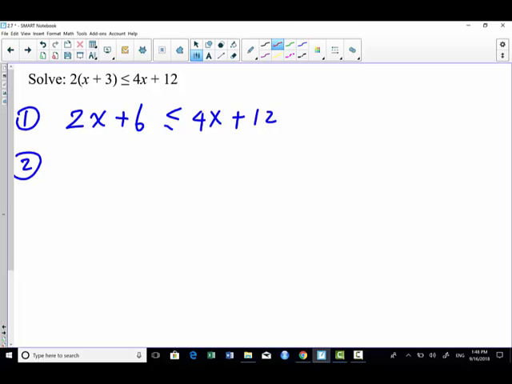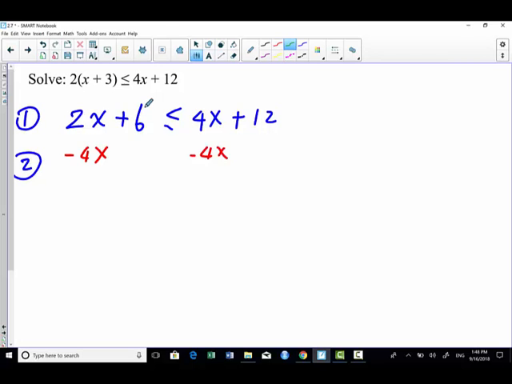So you're going to do the opposite of plus 4x on both sides. And since you decided to move variable terms to the left-hand side, the numbers have to go to the right-hand side.